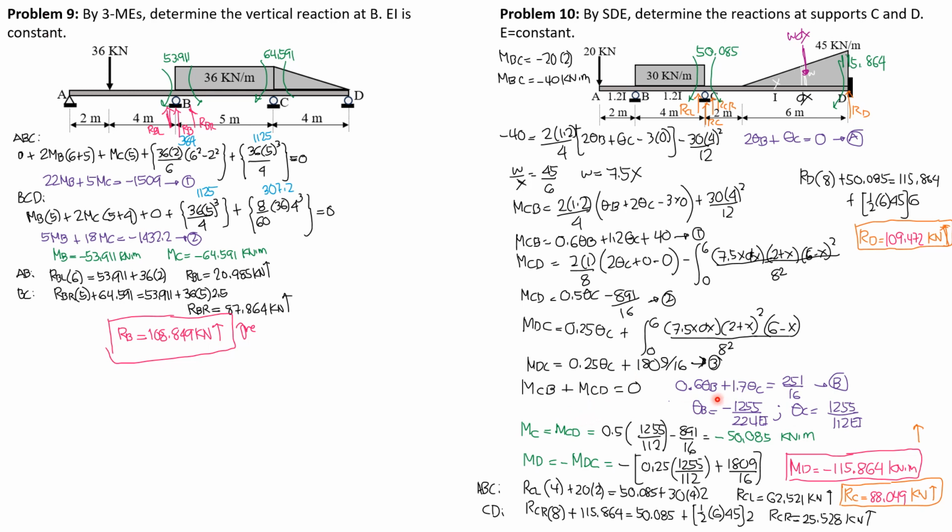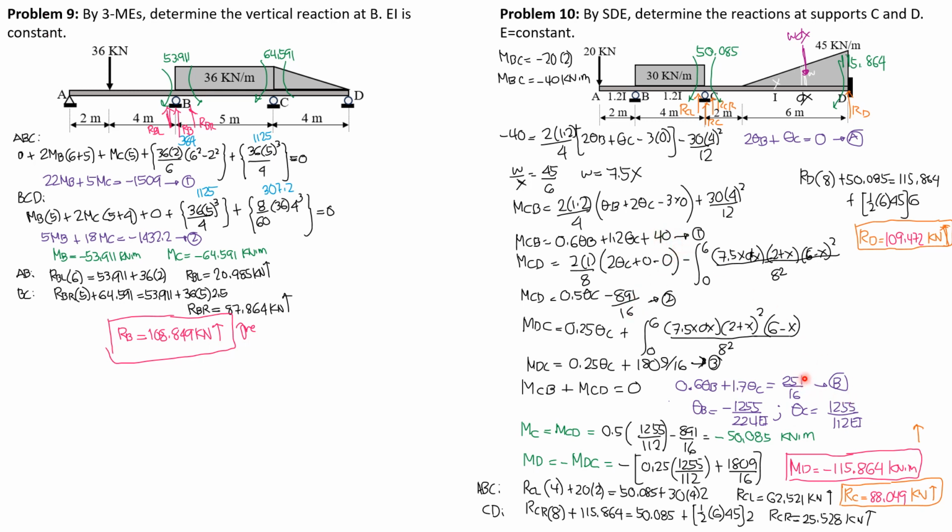Then we apply equilibrium at C, MCB plus MCD equals 0. MCB is 0.6 theta B plus 1.2 theta C plus 40. Then MCD 0.5 theta C minus 891 over 16. So combining 0.6 theta B, then 1.2 plus 0.5 of theta C, 1.7 theta C. Then this is positive to the right equals 891 over 16, then minus 40.